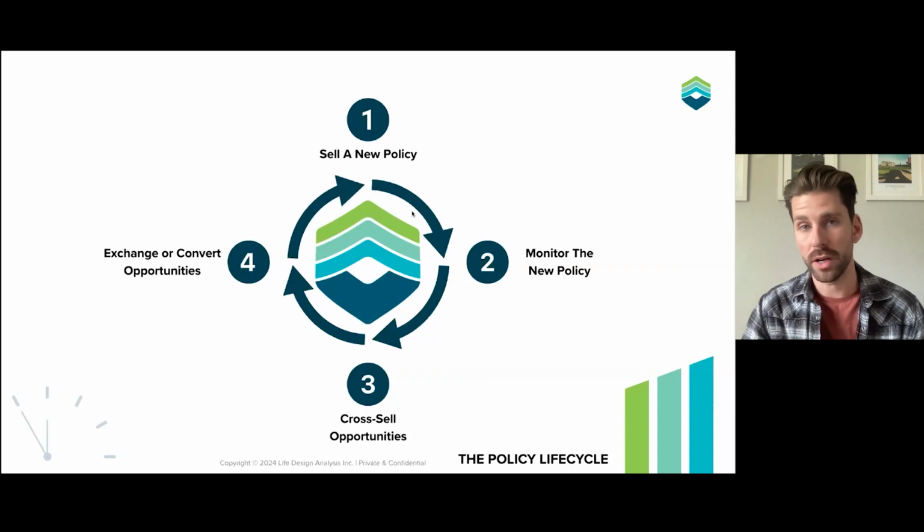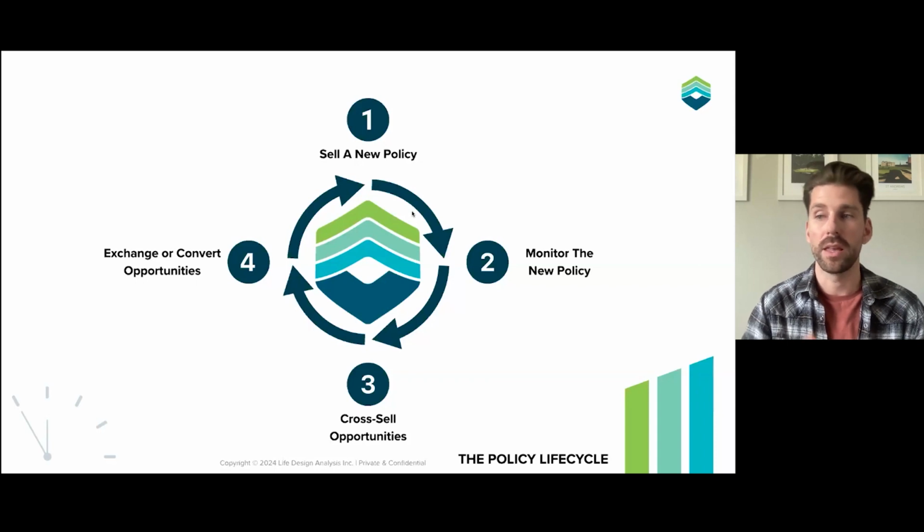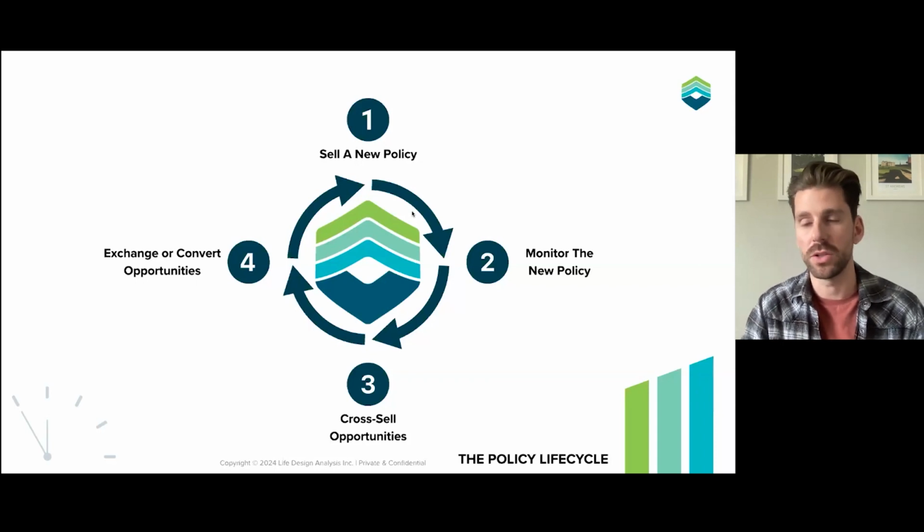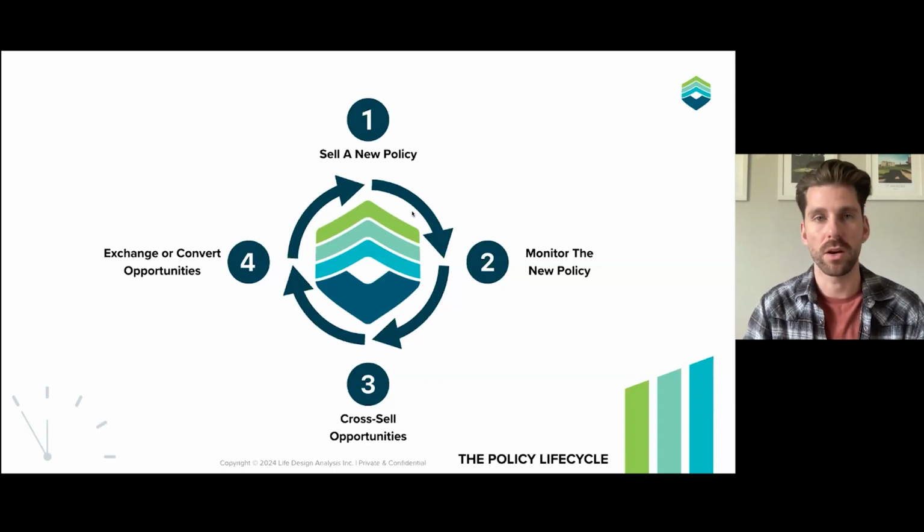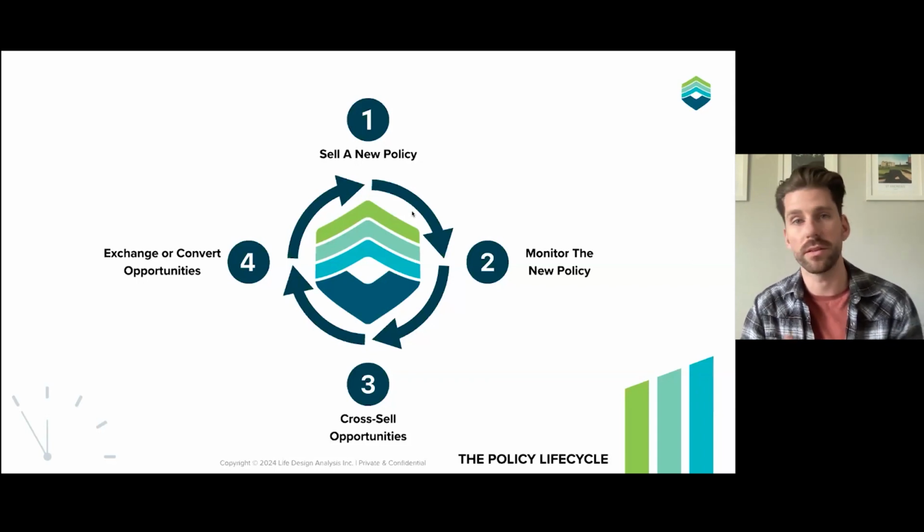There's the monitoring of the policy for potential opportunities. There's looking for cross-selling opportunities too, and identifying those or leveraging the system to support cross-selling opportunities. And then, of course, we have the ability to exchange or convert those clients using LDA and working with our system to present their existing plans versus new options.